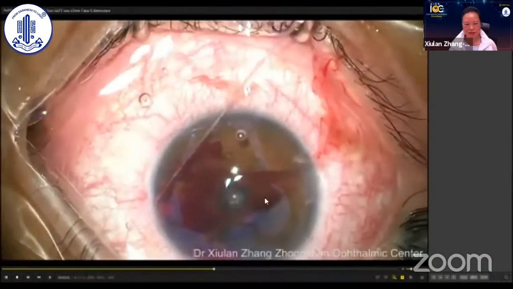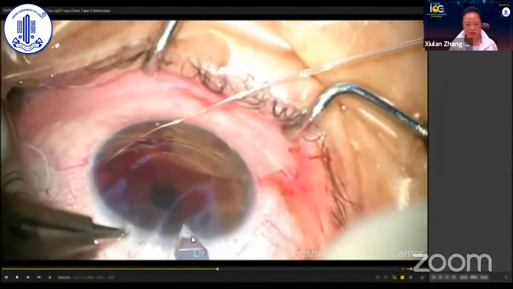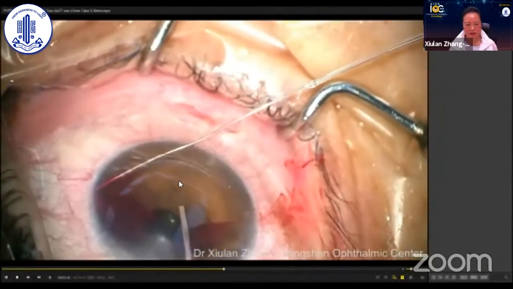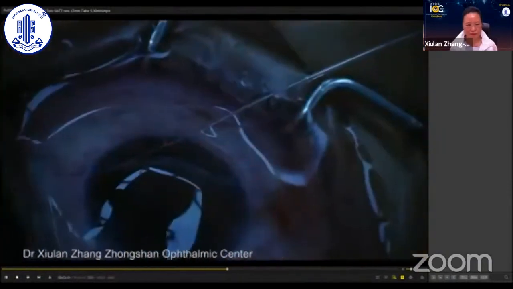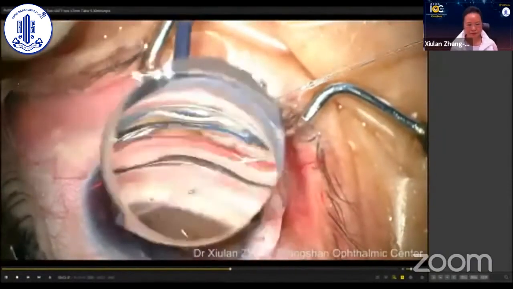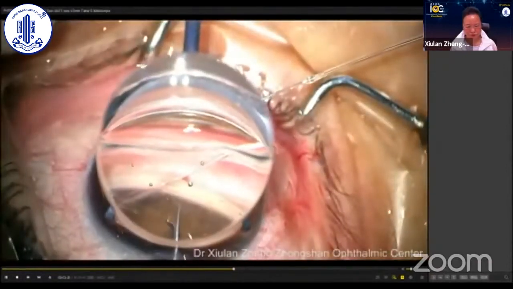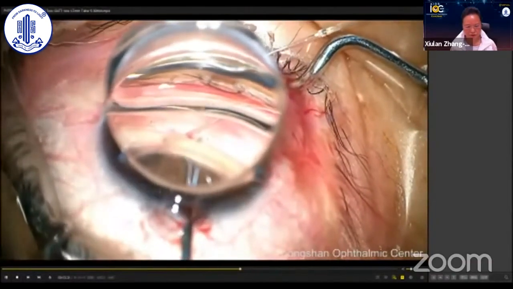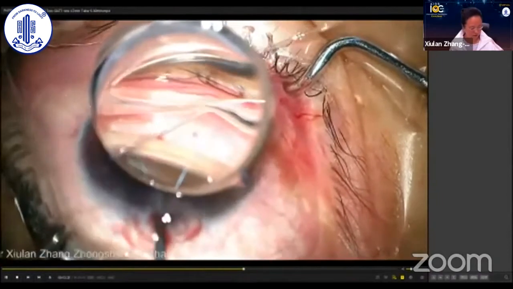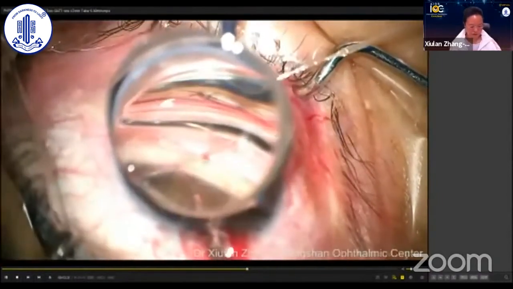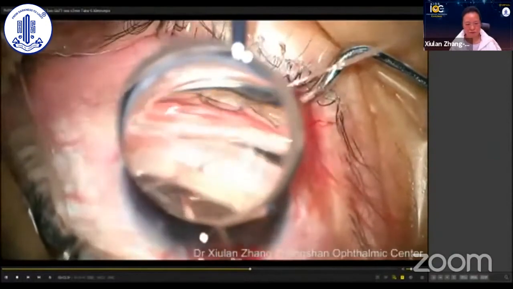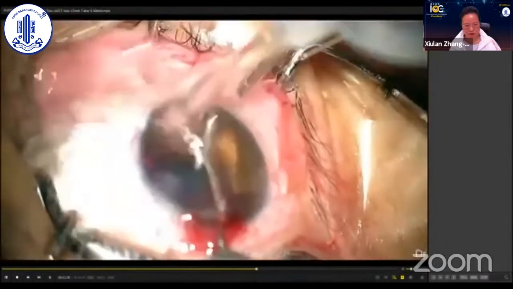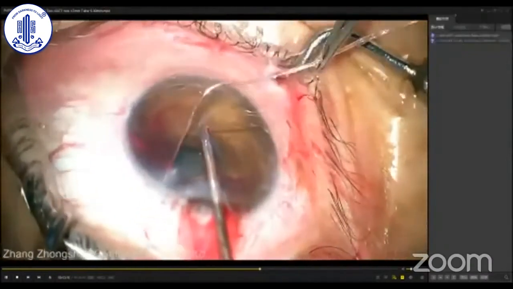Then I turn 90 degrees and then make a corneal incision again. So this is a 270 degree GATT.